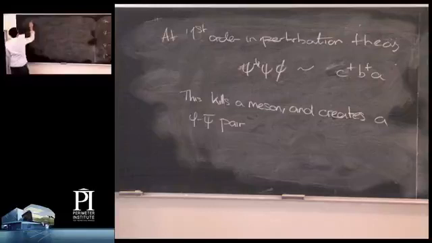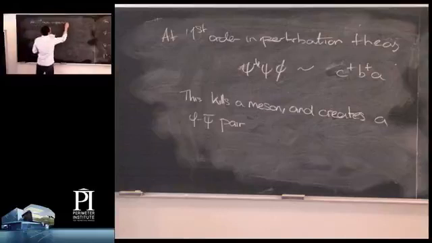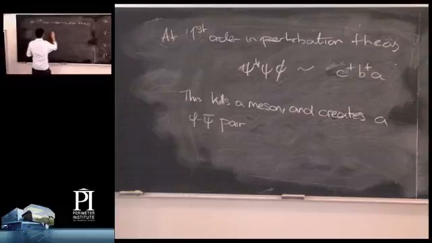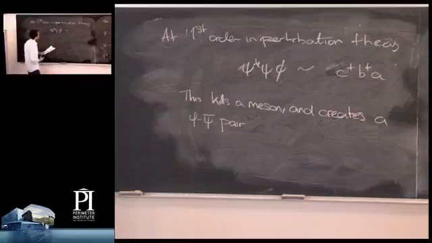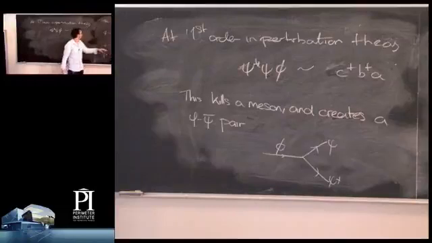So at first order in perturbation theory you write down this interaction term in terms of the creation and annihilation operators. There's a whole bunch of terms, I guess 8 different terms.